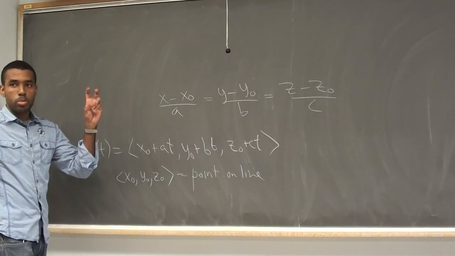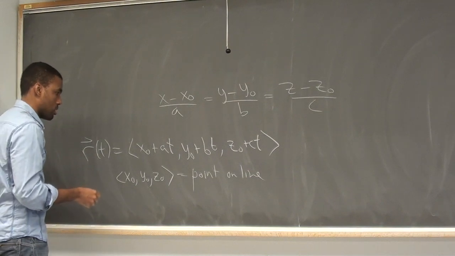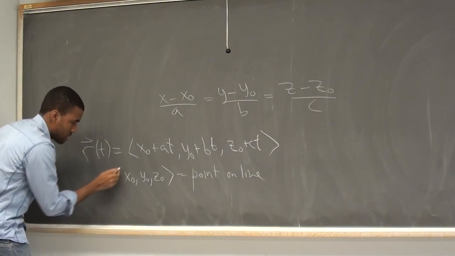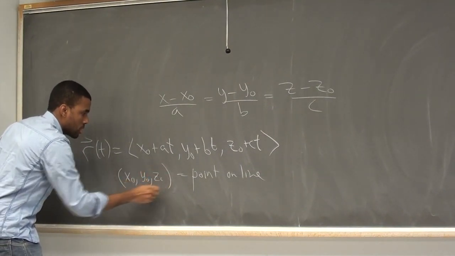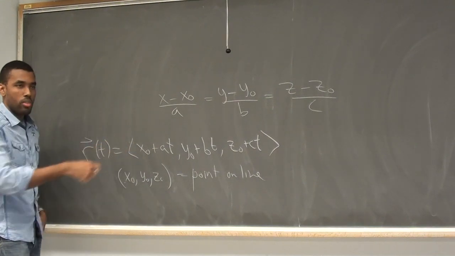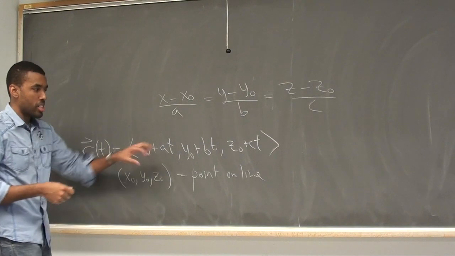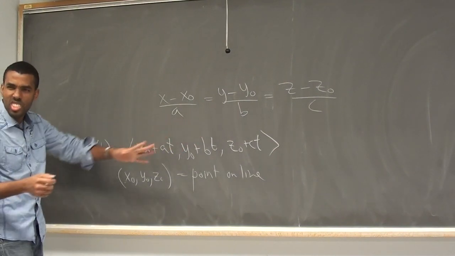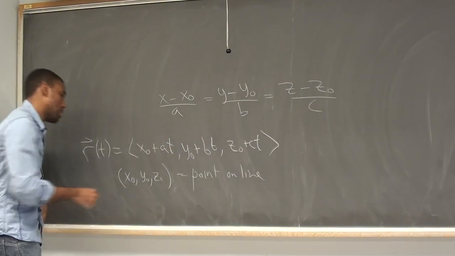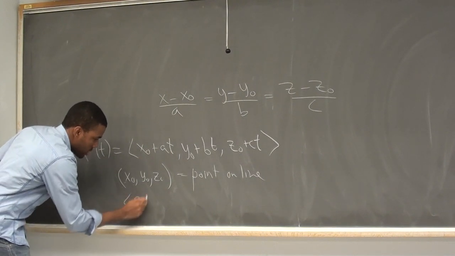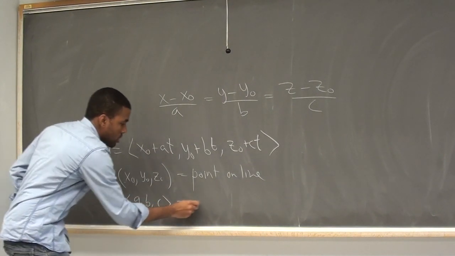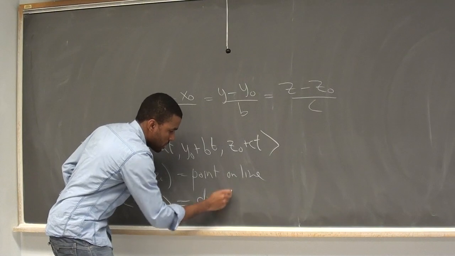You can think of them as position vectors. To put it in the vector equation of a line, you think of the point as a position vector, because technically you can't add a point to a vector. And what's the a, b, c? Your direction vector, the direction vector of the line.